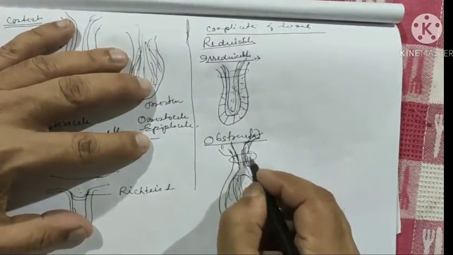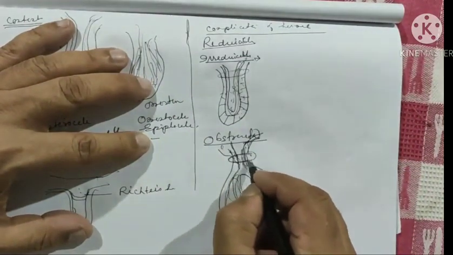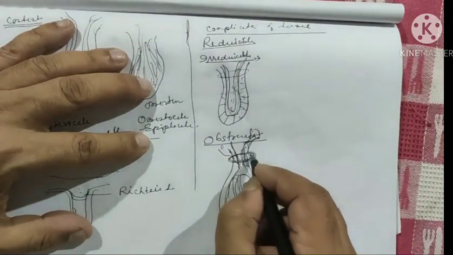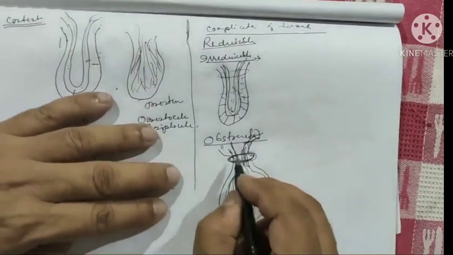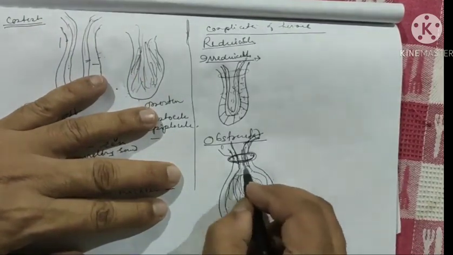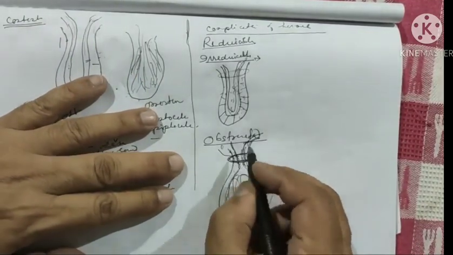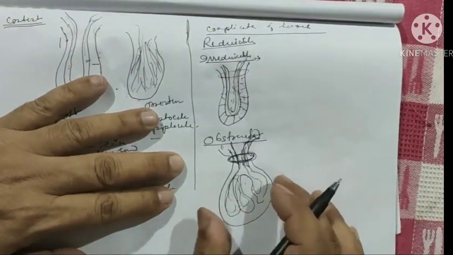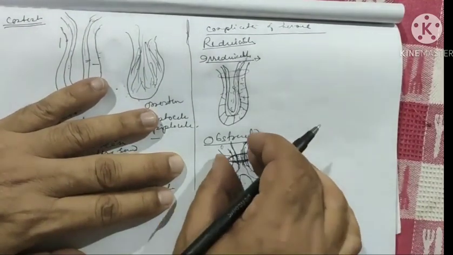This is usually because of the small or narrow neck of the sac. So the sudden overcrowding usually causes the obstruction. In obstruction, this part will be unable to reduce.